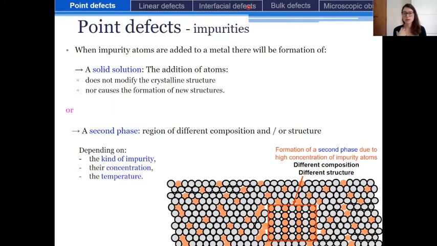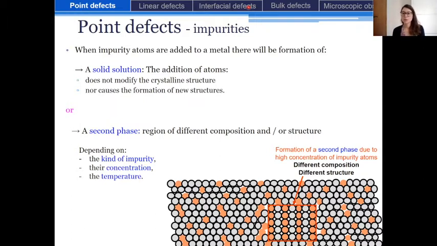So when impurity atoms are added to a metal, there will be formation of either a solid solution, in which case the addition of atoms does not modify the crystalline structure, nor cause the formation of new structures, or there is formation of a second phase, which is a region of different composition and/or different structure.